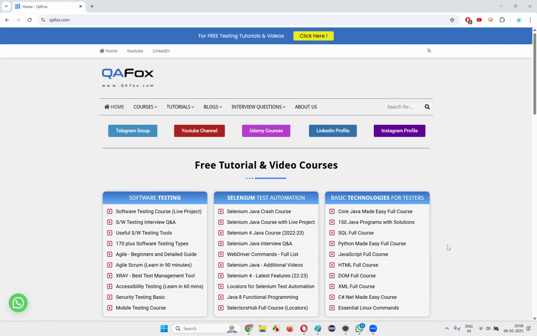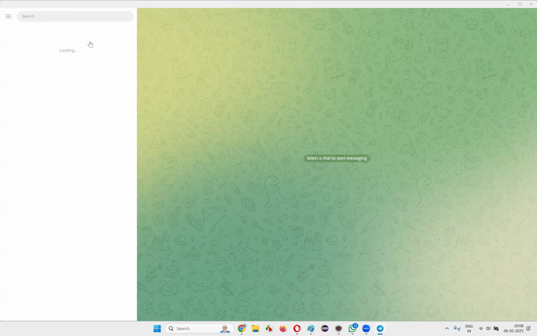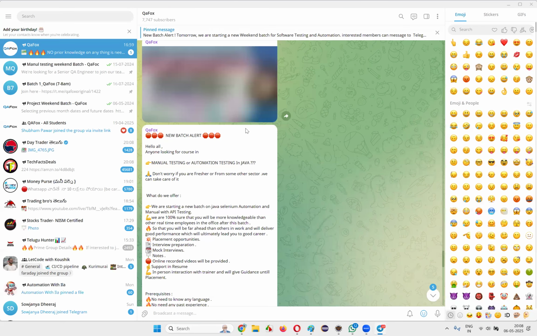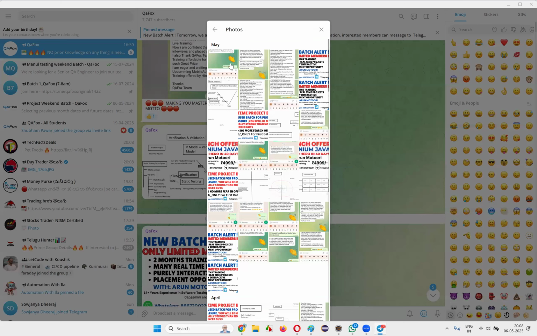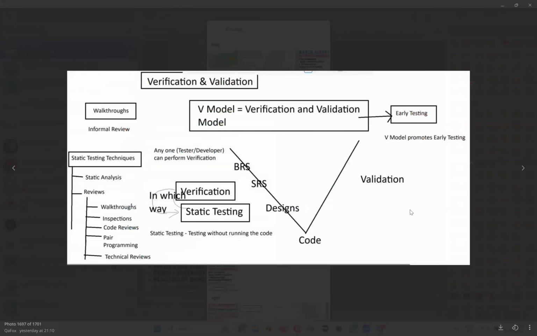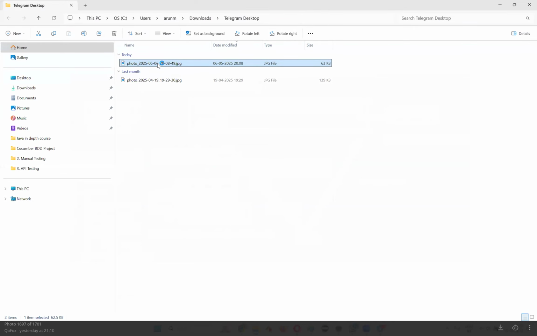So yesterday I explained one of the SDLC models, that is the V model. We are halfway through it. Let me open the images. This was the image I created yesterday.